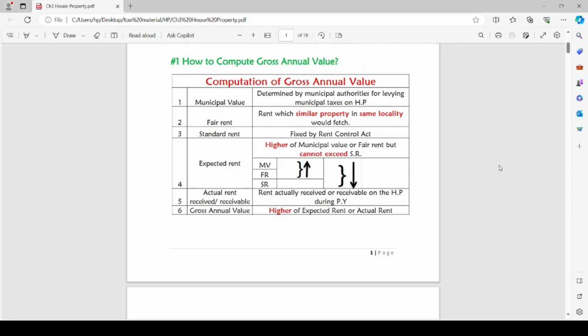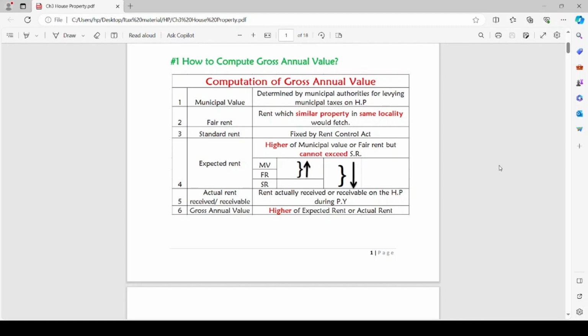To arrive at expected rent, first we have to consider the municipal value and fair rental value. We have to take the higher amount of municipal value or fair rental value, and then we have to compare that figure to standard rent. Out of those both, we have to take the value which is lower.